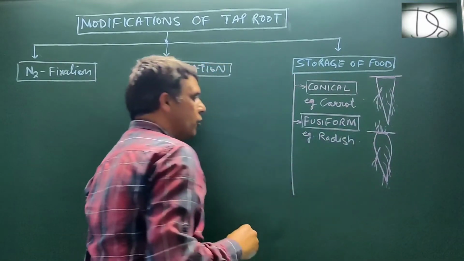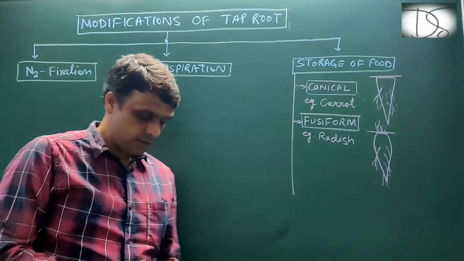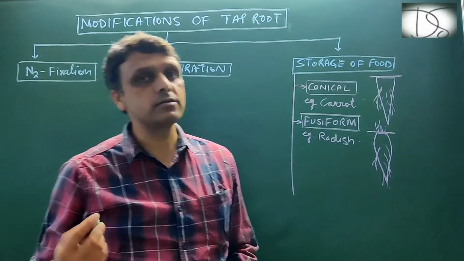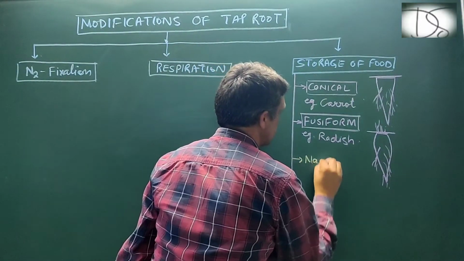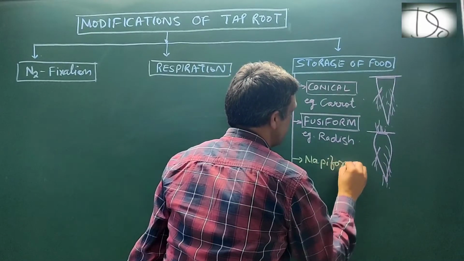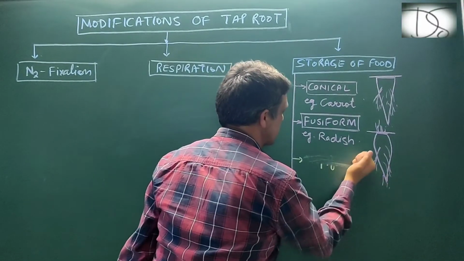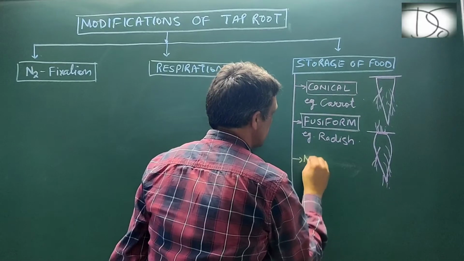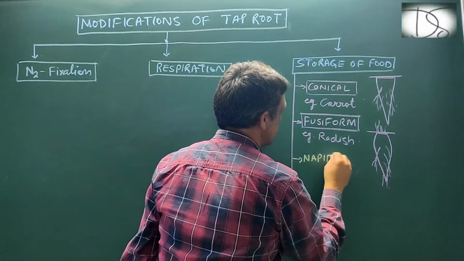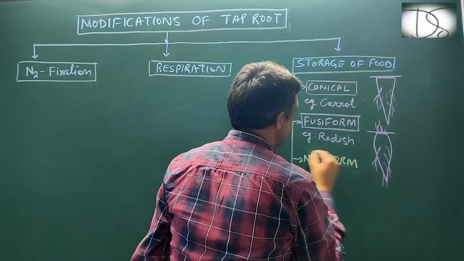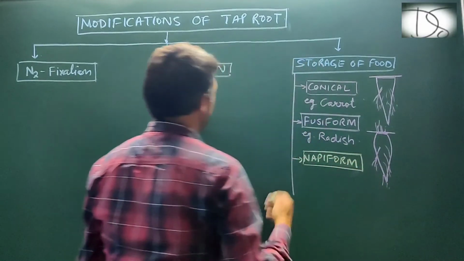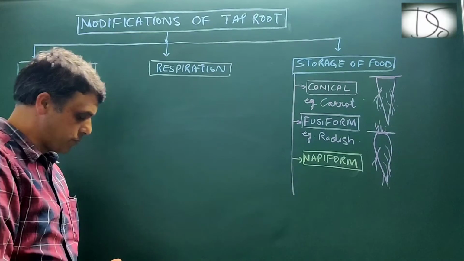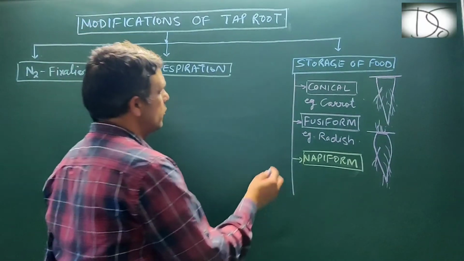Right friends? When we talk about the third type of modification, that is napiform roots. We shall write it in capital letters. When we talk about the structure of this napiform root, I'll be drawing it over here.